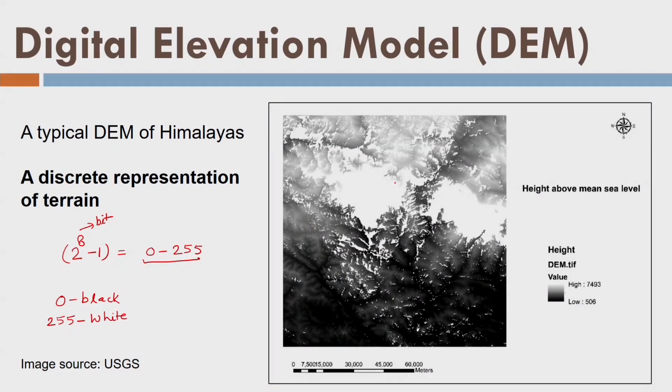The higher the height, as the elevation reaches towards the maximum, the color will go to white. So here you can see this white color showing the maximum elevation, and this black color showing the minimum elevation. The minimum elevation for this DEM is 506 meters and the highest is 7493 meters. This is a typical DEM of the Himalayas.